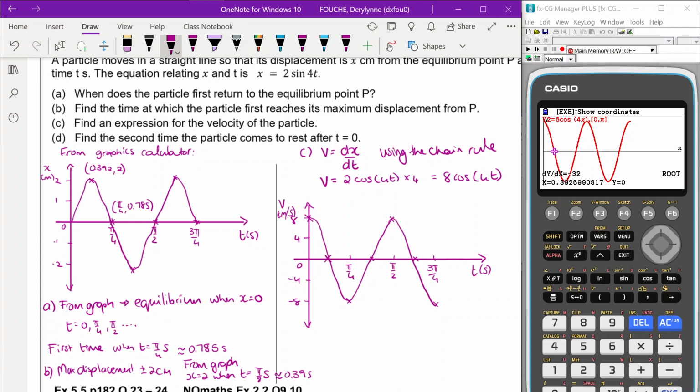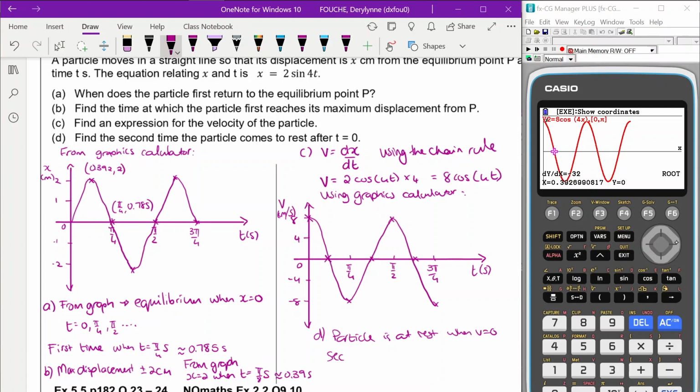Alright, and the second time the particle comes to rest, we're also going to say using the graphics calculator. And the second time is actually going to be this time over here. Okay, so particle is at rest, then v equals 0.